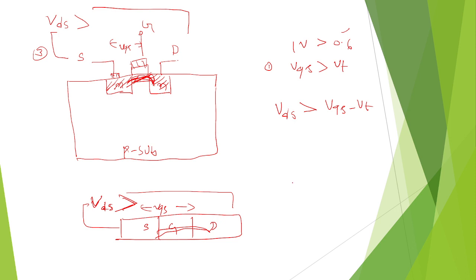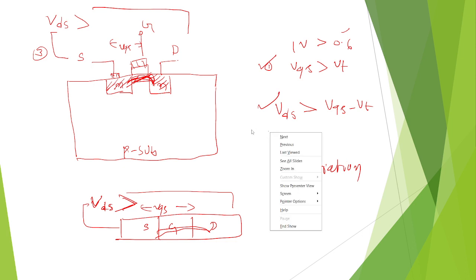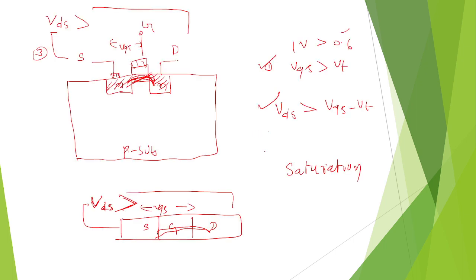That is the reason this region is named the saturation region. Saturation. Why? Because VGS is sufficient and VDS is sufficient. Both are sufficient.